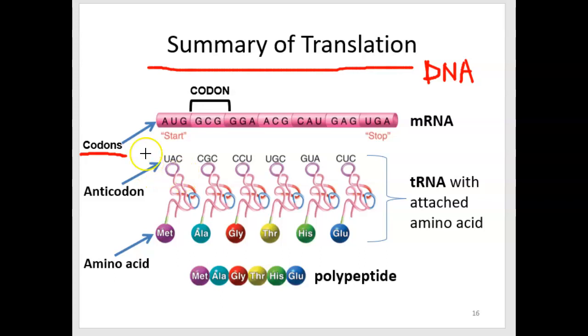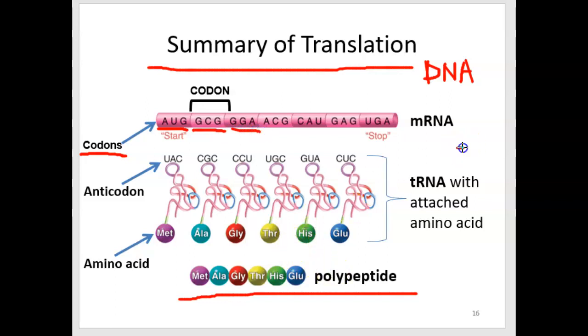Those codons are read by a ribosome, which facilitates the formation of a polypeptide that is coded for by the codons AUG, GCG, GGA, etc.